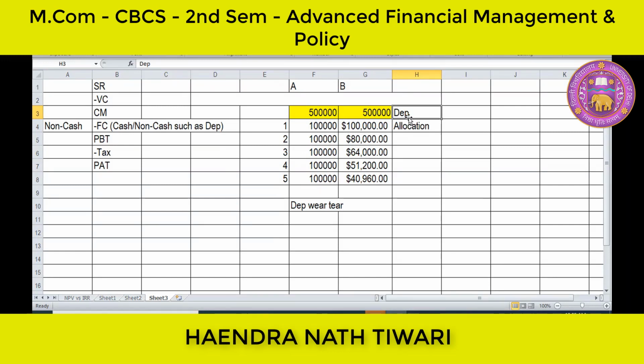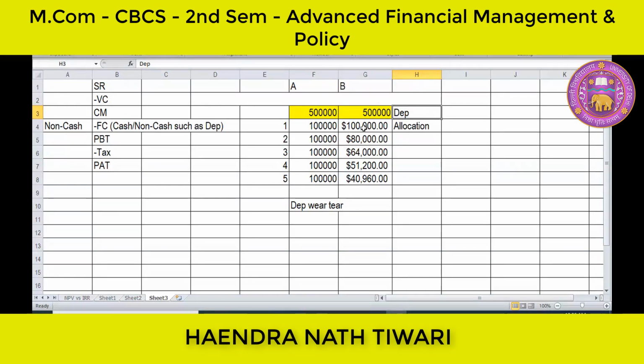You know that depreciation is also a provision to replace the asset. It is essentially allocation of cost of the fixed assets over its useful life. So this is allocation.